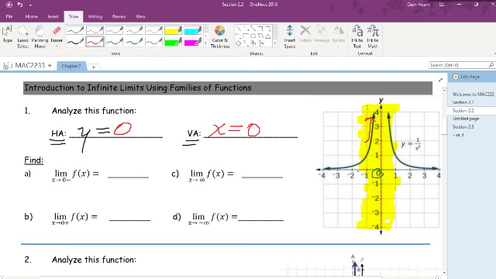So as x gets really close to 0 on our graph, what's happening to these y values? Following along the graph with my finger, the y value here is 1, here it's 2, 3, 4, and it's just going to keep going up.